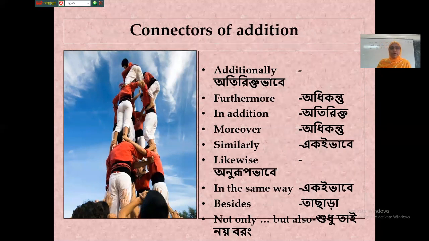Furthermore, অধিকন্তু, in addition, অতিরিক্ত, moreover, অধিকন্তু, similarly, একইভাবে, likewise, অনুরূপভাবে, the same way, একইভাবে, besides, তাছাড়া, not only but also, শুধু তাই নয়, বরং। Dear students, I hope you understand these words, because if you understand the connectors properly, you must know these words and their meanings. Without knowing these words and meanings, you cannot answer connectors.